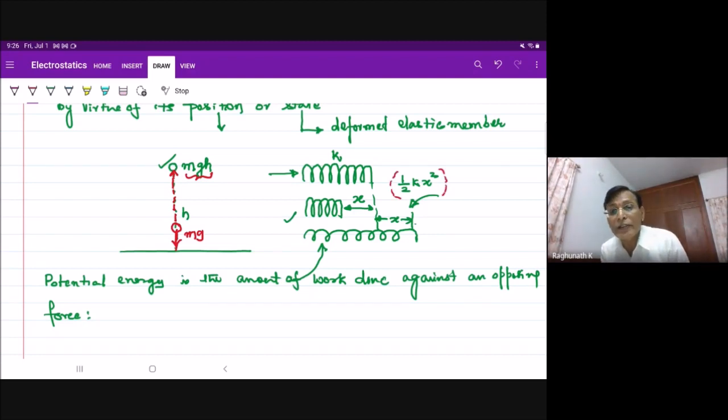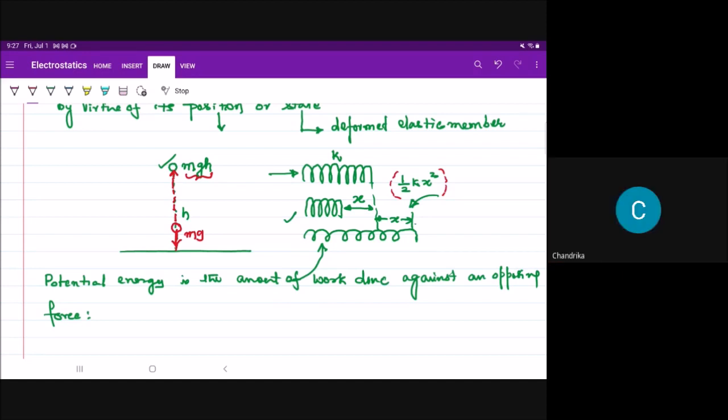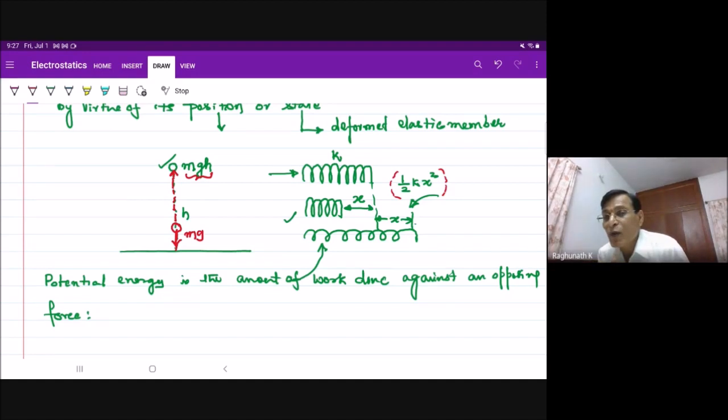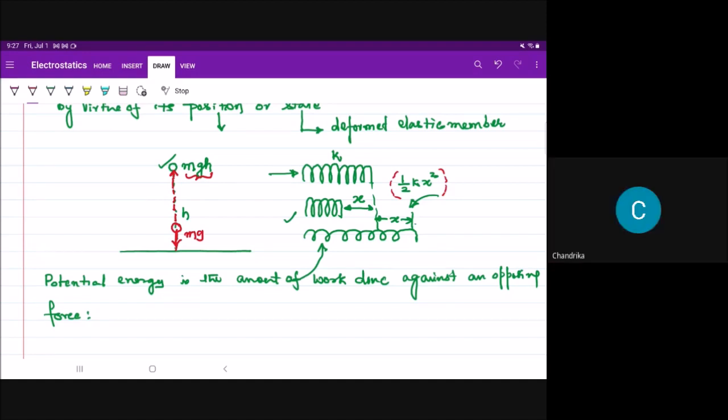k is the spring constant of the spring. Integral kx dx, no? Why integral kx? Chandrika, please tell. Good. Force will be kx, sir, and displacement will be dx. What force is kx? Spring force, sir.